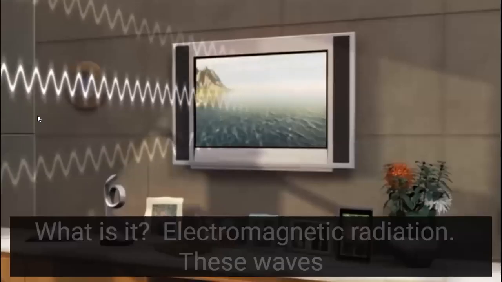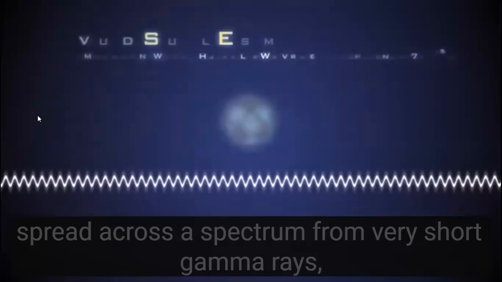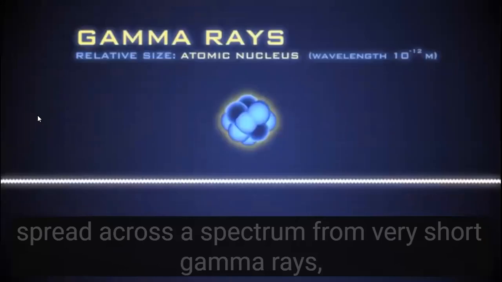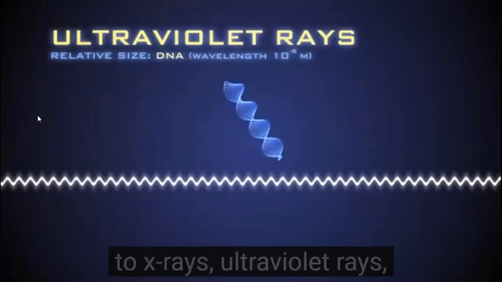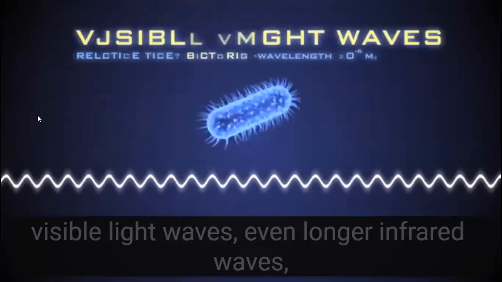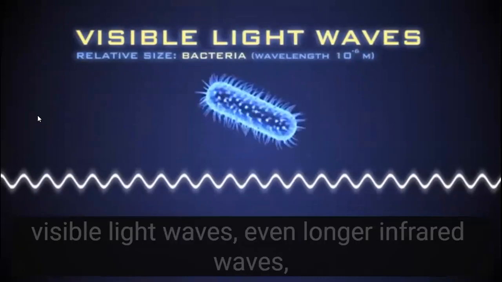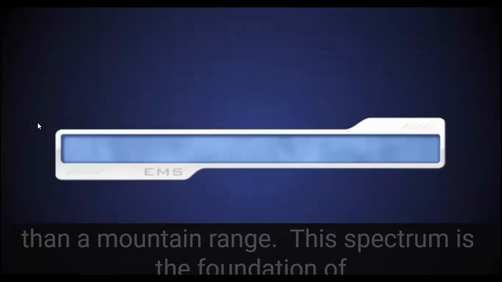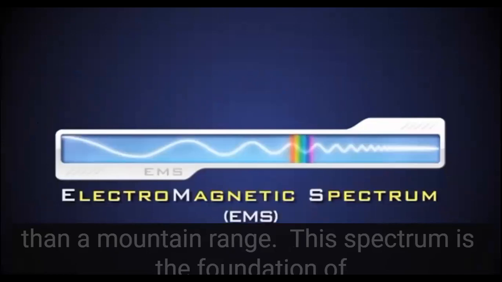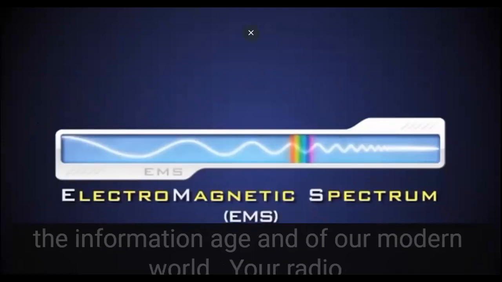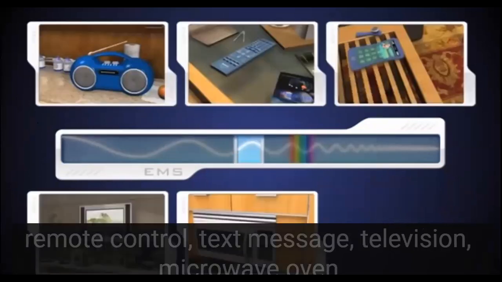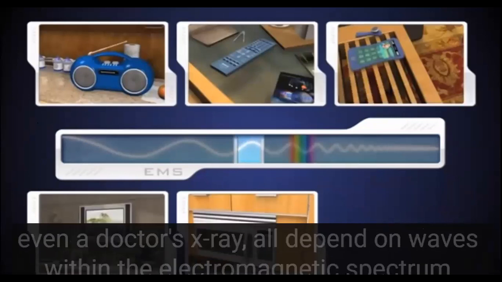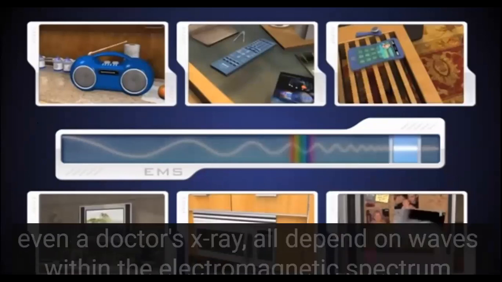These waves spread across the spectrum from very short gamma, ultraviolet, visible light waves, even longer infrared, microwave, to radio waves, which can measure longer than a mountain range. This spectrum is the foundation of the information age and of our modern world. Your radio, remote control, text message, television, microwave oven, even a doctor's X-ray, all depend on waves within the electromagnetic spectrum.